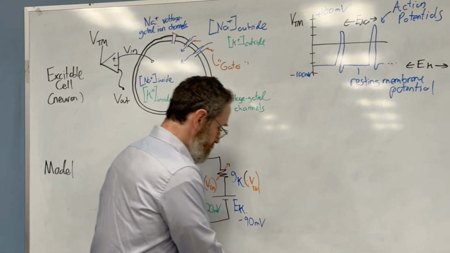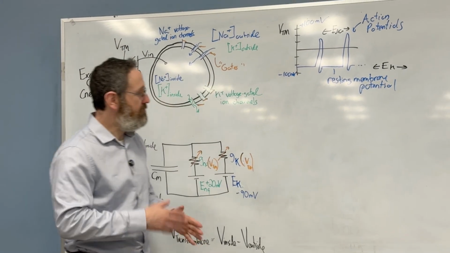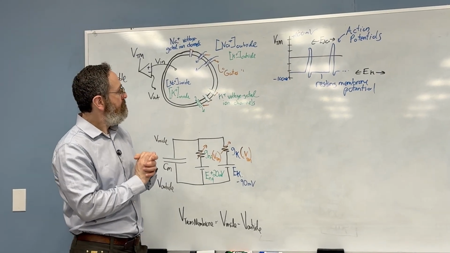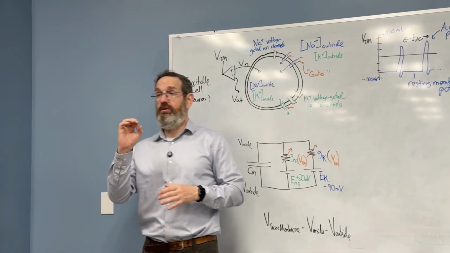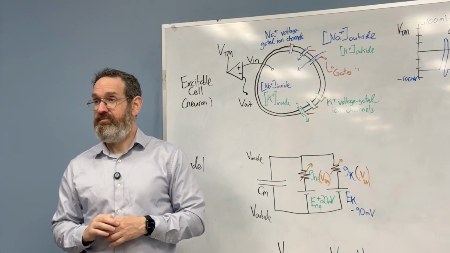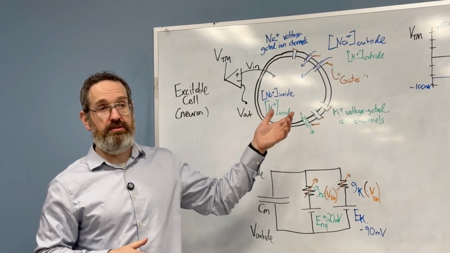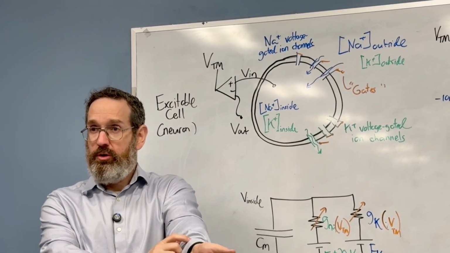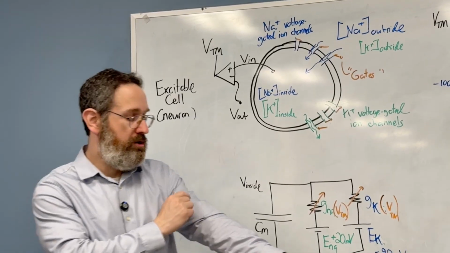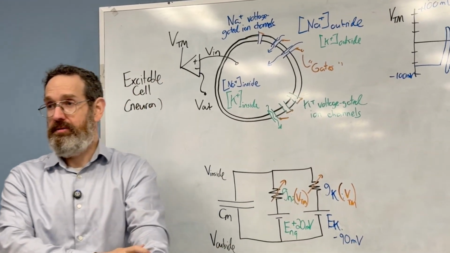But we need to add a little bit to the story. Because the cells in your body are not all little circles, right? Certainly not the neurons, and certainly not things called axons or nerves. So these are the wires that run all through our body.